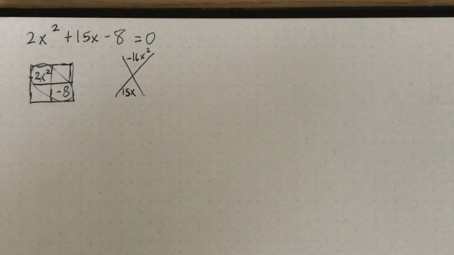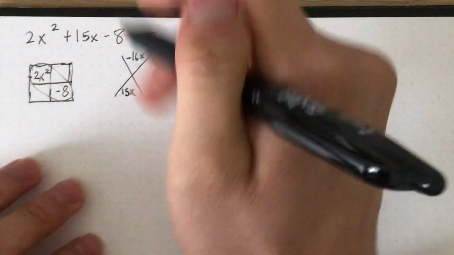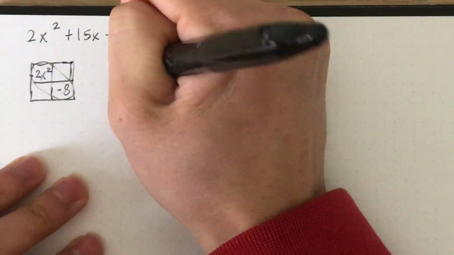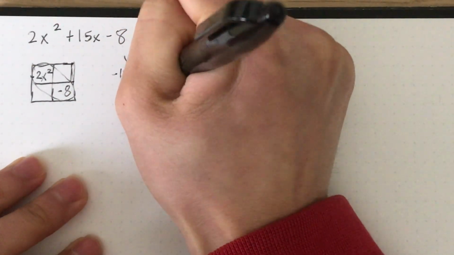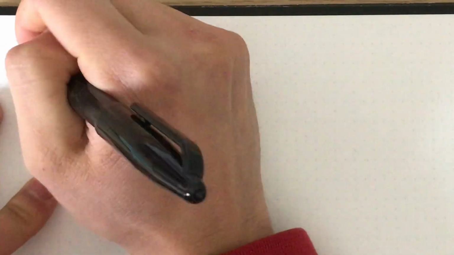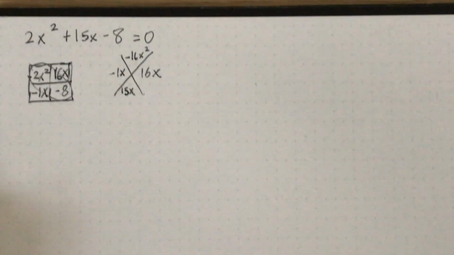So pause this video again, take some time to think about this yourself, but this should be negative 1x and 16x. So let's put that in the boxes. You can also just write negative x as well.